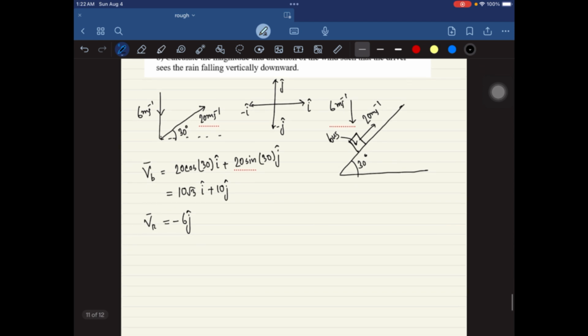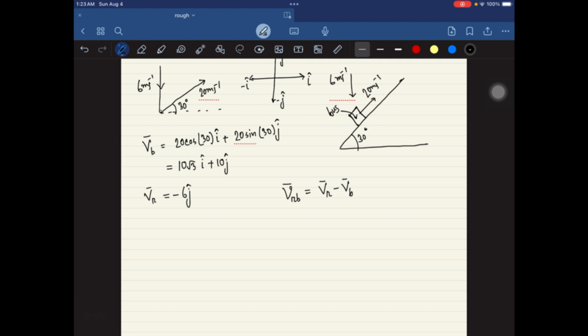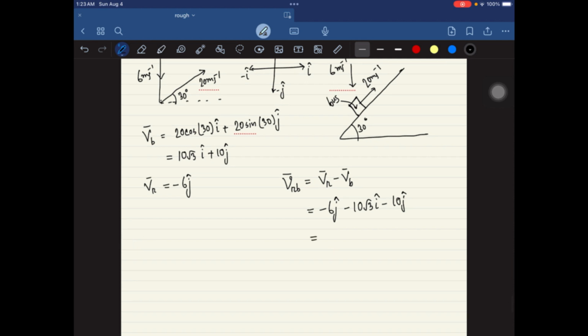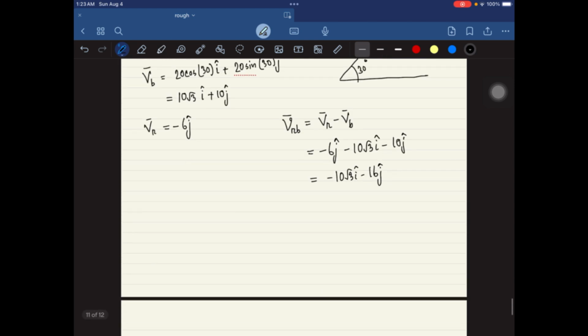So I have to find the velocity of rain with respect to the bus. V_RB is equal to V_R, the velocity of rain, minus V_B, the velocity of the bus. V_R is minus 6 j and V_B is 10 root 3 i plus 10 j. If you calculate this, it is minus 10 root 3 i minus 16 j.